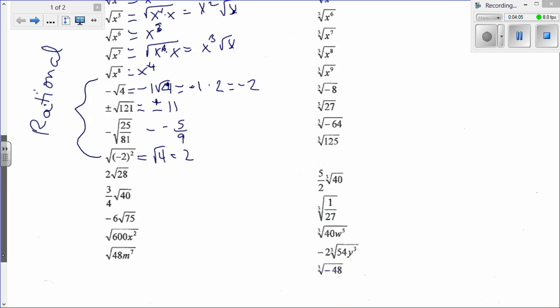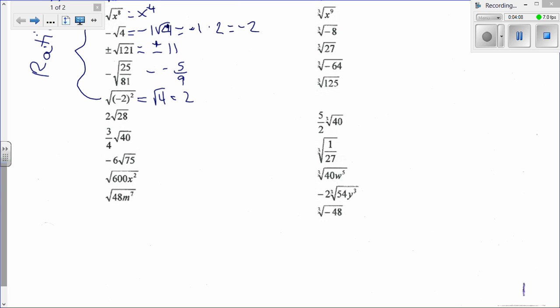Let's see here. If I get the page going, here we go. 2 times the square root of 28 is going to be 2 times the square root. To break down 28, we need to find the largest perfect square that divides into 28 evenly, and that would be 4 times 7. And if you remember from either 8th or 9th grade, when you simplify it, you take the square root of the perfect square.